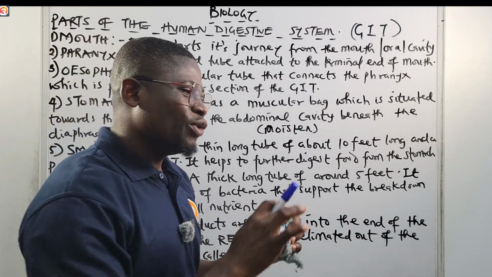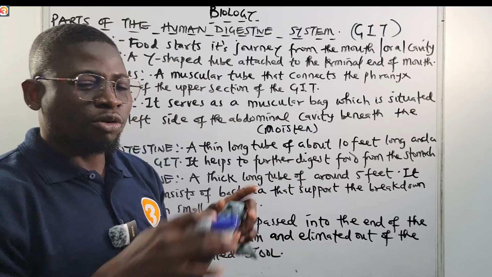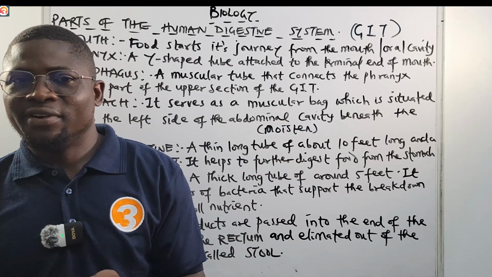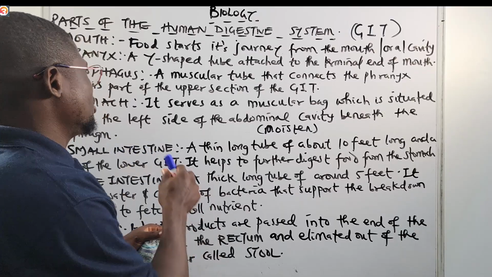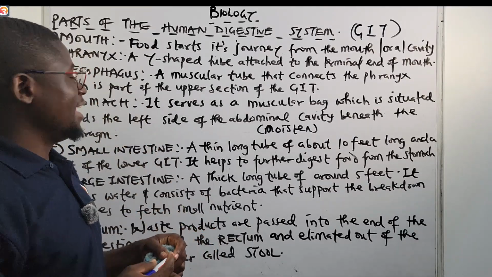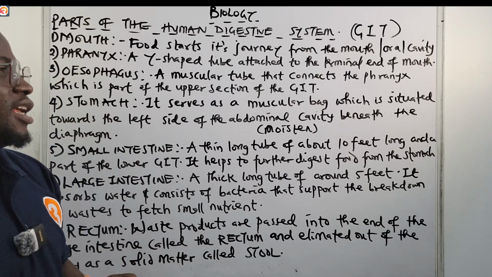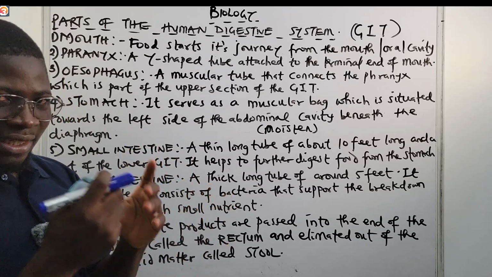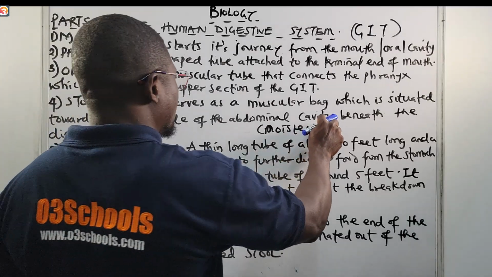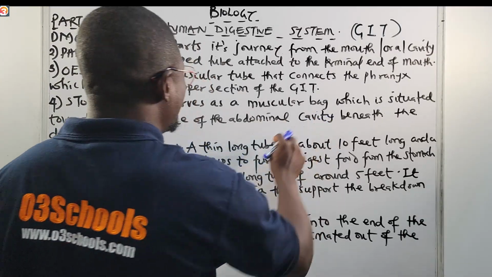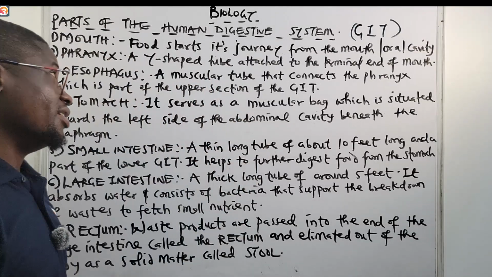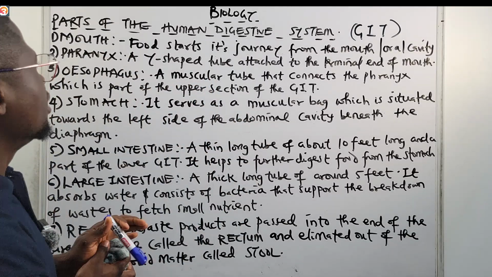The tongue will push that crushed or chewed food to the pharynx. That is the second part we're talking about here, the pharynx, P-H-A-R-Y-N-X. So the teeth will grind, saliva will moisten, and the tongue will push the food to the pharynx. So that is the first part, the mouth. The digestion actually begins from the mouth. That is where food starts its journey from.